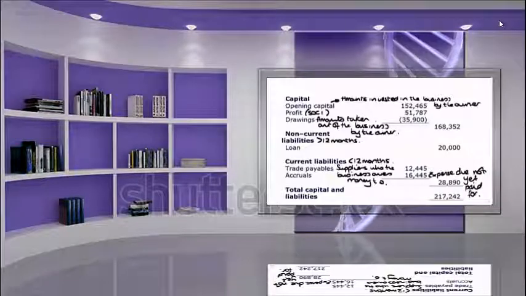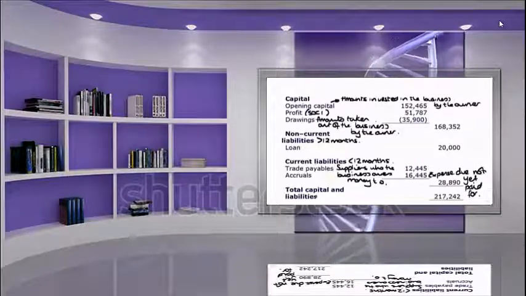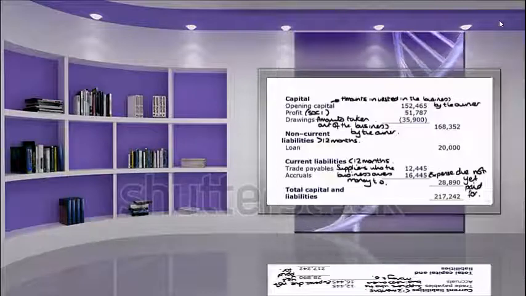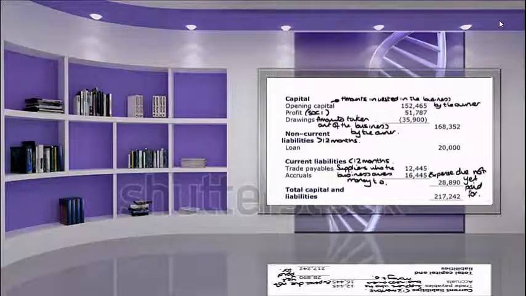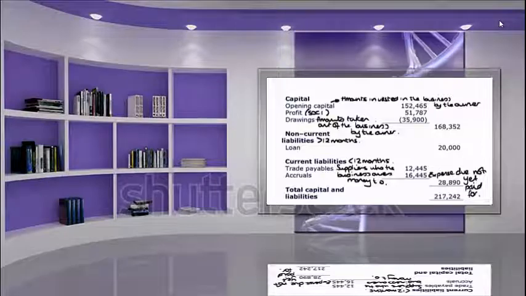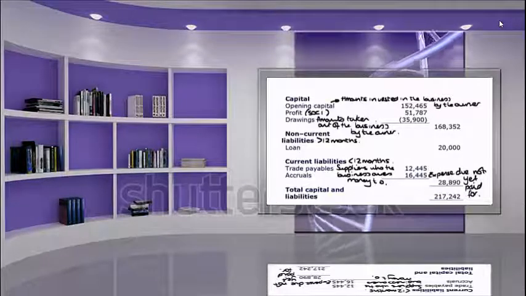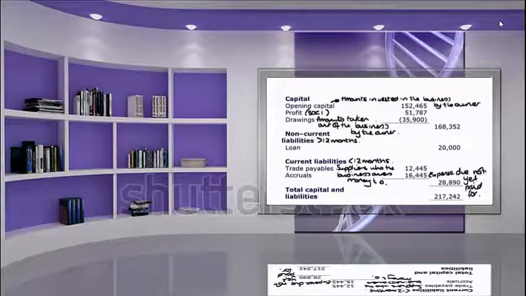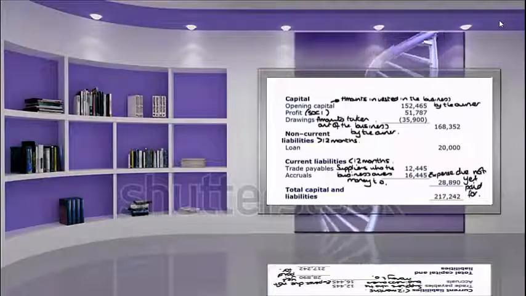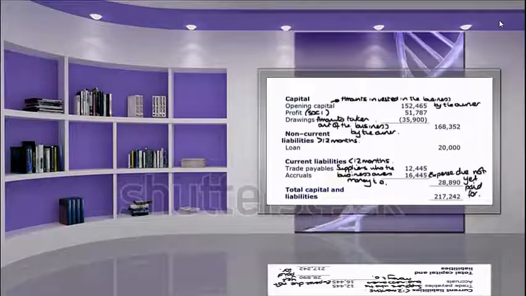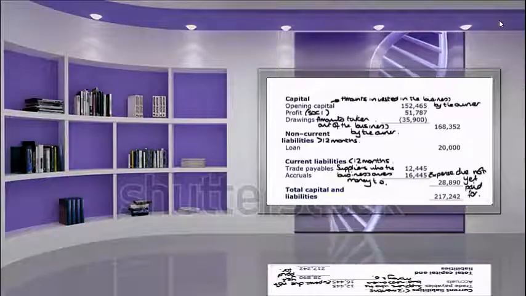But we know we've consumed that electricity in the period, so we know we're going to owe some money to the electricity board in the future. As a result, an accrual adjustment would need to be made. And again, we're going to have a whole section of the notes looking at these accruals and prepayments later on.